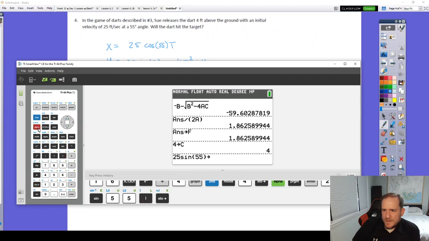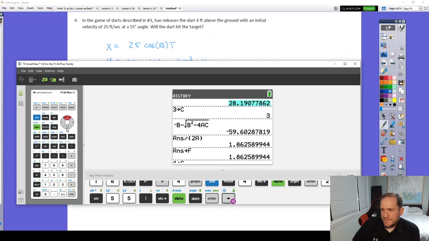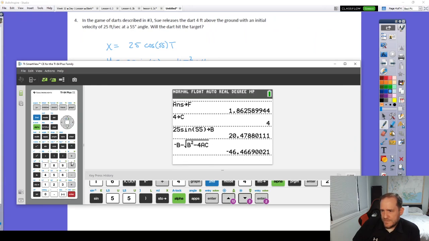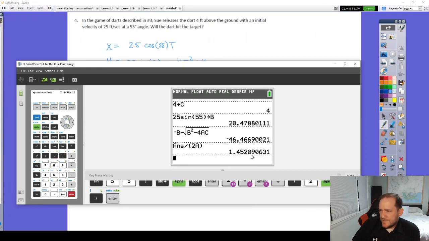Redefine that as B. And now the real magic, I can just go right back up and get that expression. I don't have to type it again. It's already there. Grab it, use it, divide it by 2a. So there's the time for Sue's lawn dart to hit the ground.